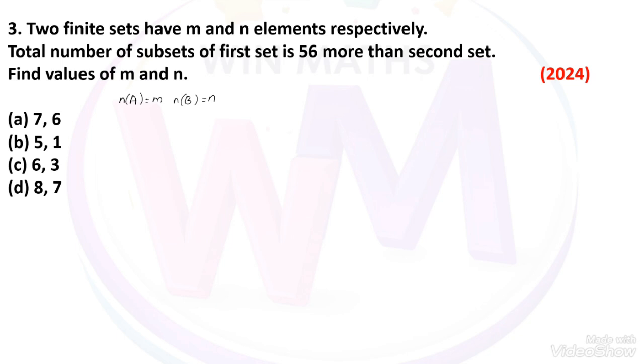Then the second statement: the total number of subsets of the first set, considering A as the first set, is 56 more than the second set.